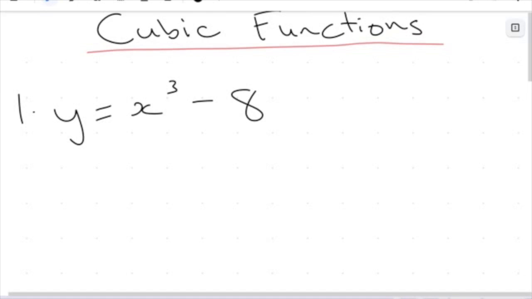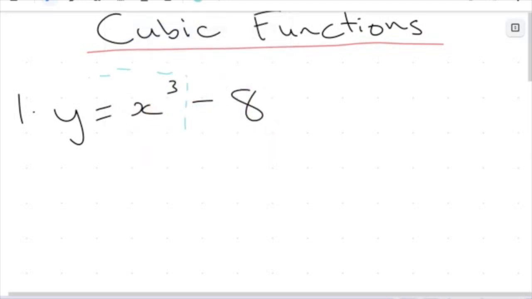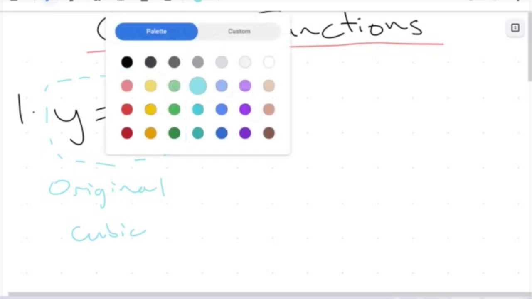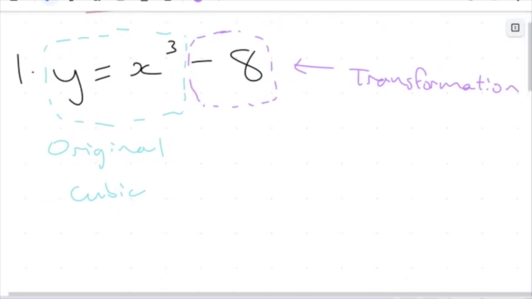So first of all, for this one, we have our original function. Let's do that in color here. This is our original cubic, our y equals x cubed, that's what we're used to. And then we have this next bit here, and that is our transformation. So we want to see what this actually means.